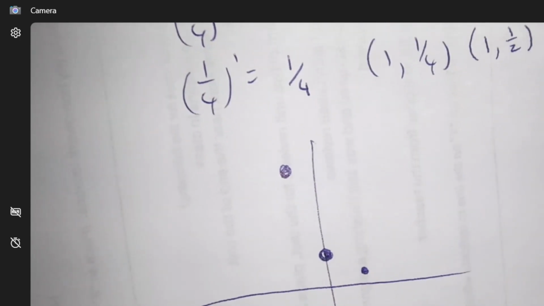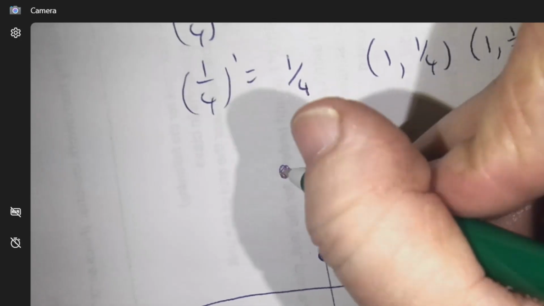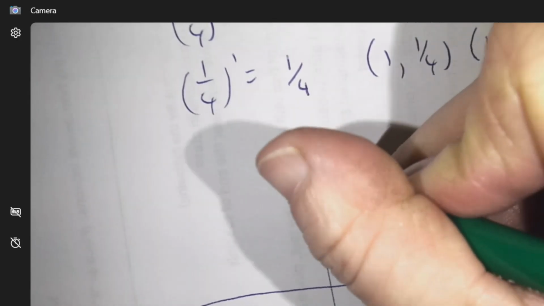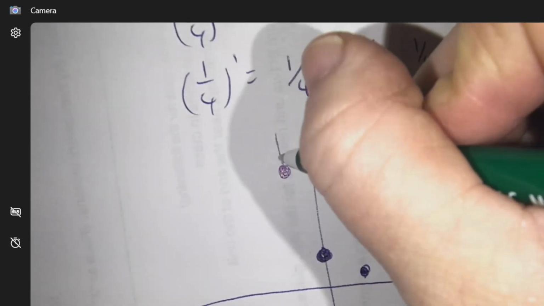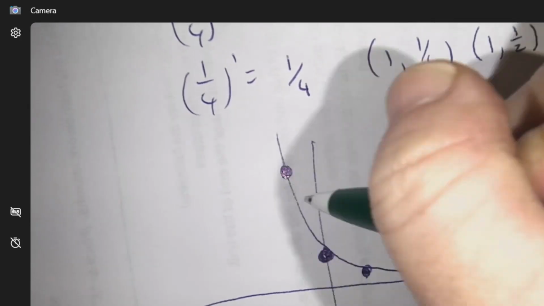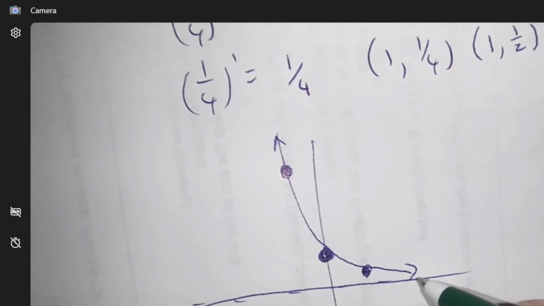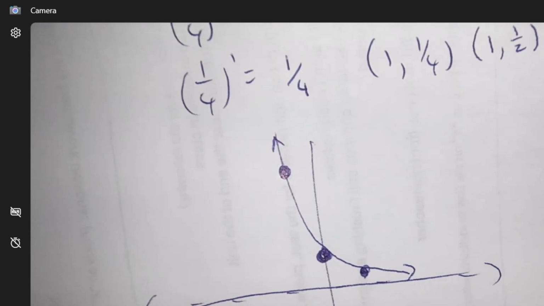Okay, so you guys have a nice little graph on your paper. So draw those 3 coordinates in. It's an exponential, so it will have a horizontal asymptote.